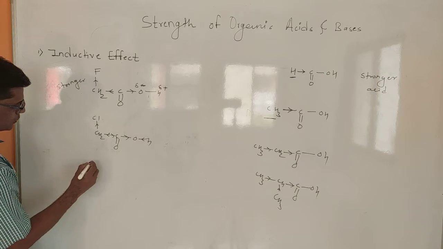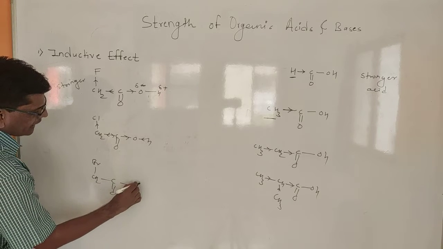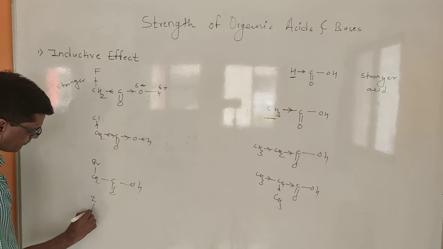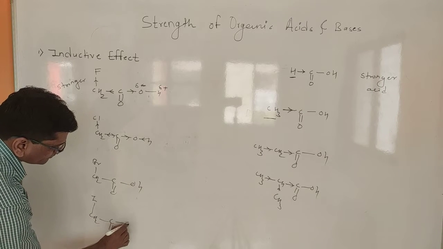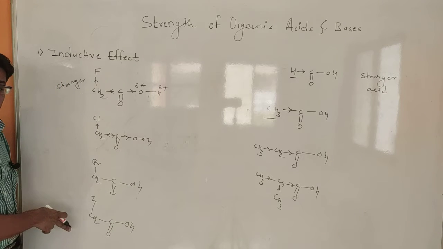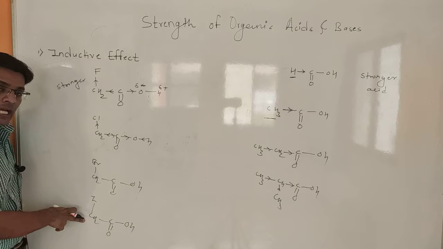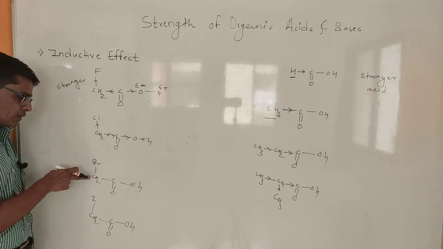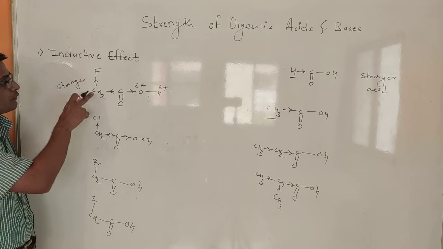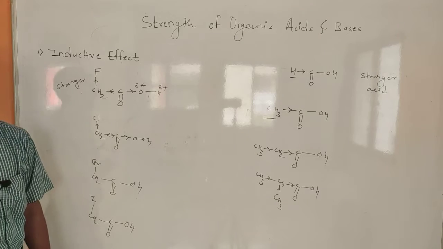Again, when we go to bromoacetic acid and iodoacetic acid, iodoacetic acid is a weaker acid, bromoacetic acid is a stronger acid than iodoacetic acid, chloroacetic acid is still stronger than bromoacetic acid, and fluoroacetic acid is the strongest acid among all the halosubstituted acids.